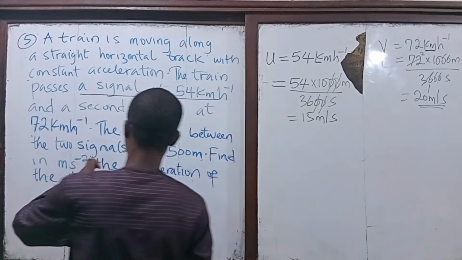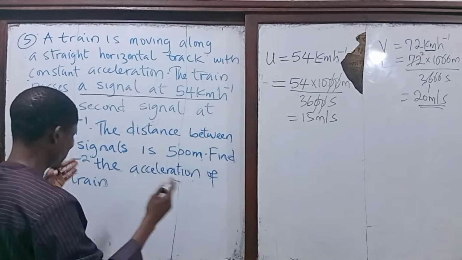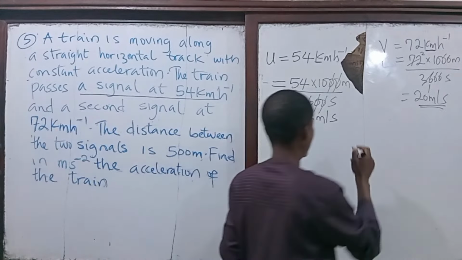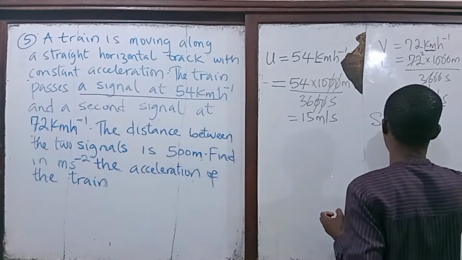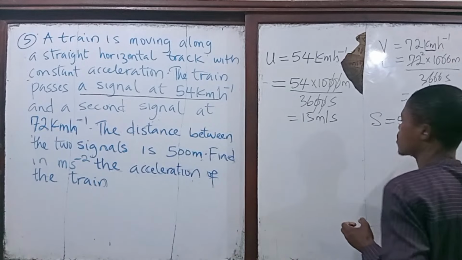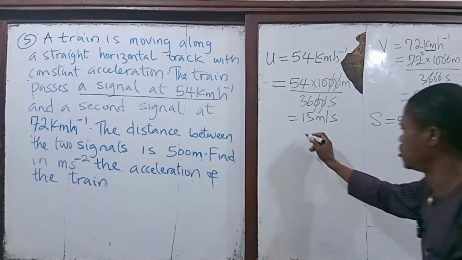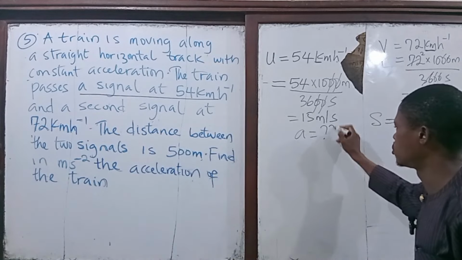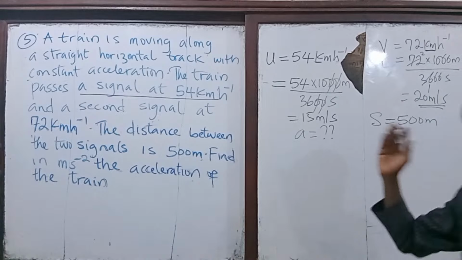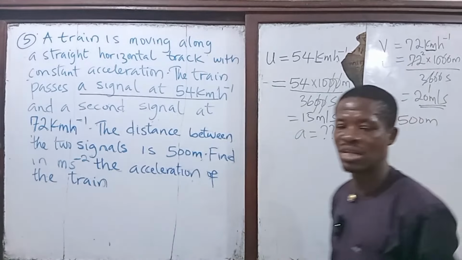And then the distance between the two signals, we have the distance as 500 meter. Find the acceleration. Acceleration we don't know. So let's see the equation that connects all these parameters.